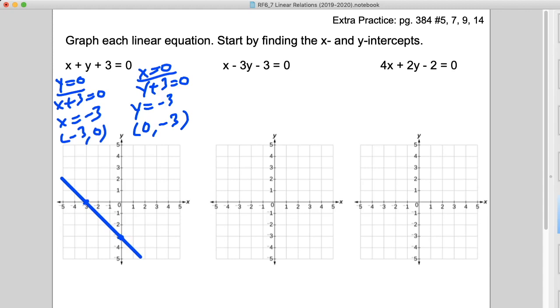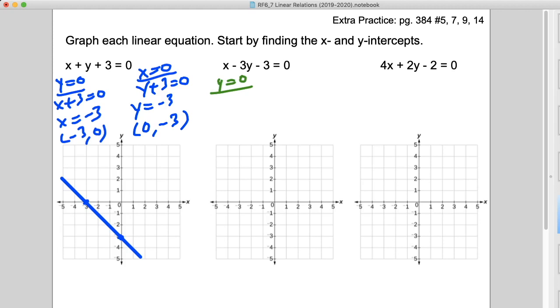Example number 2. We're going to start again with y is equal to 0. So when y is equal to 0, we're going to have x minus 3 times 0, putting a 0 in the place of that y there. So x minus 3 times 0 minus 3 is equal to 0. We know that negative 3 times 0 is just 0.